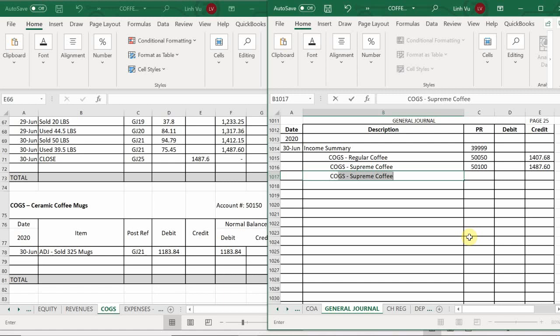Next, you should have your cost of goods sold for the ceramic coffee mugs. Account number 5050150.